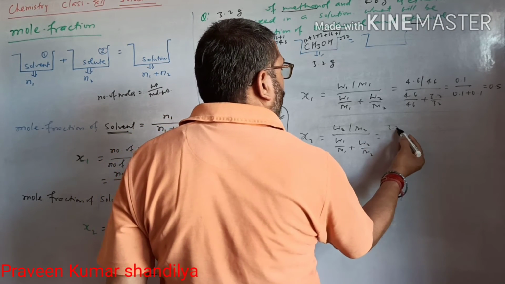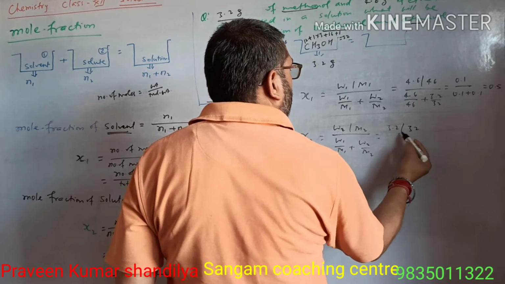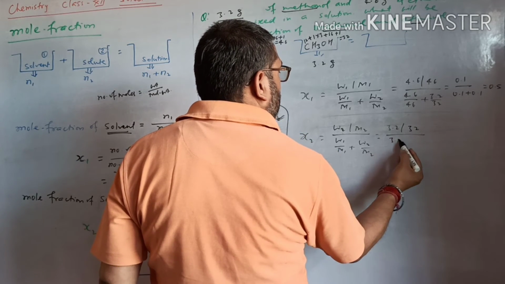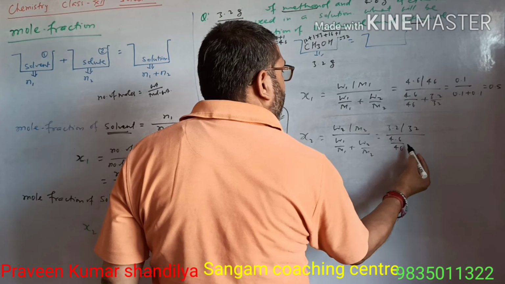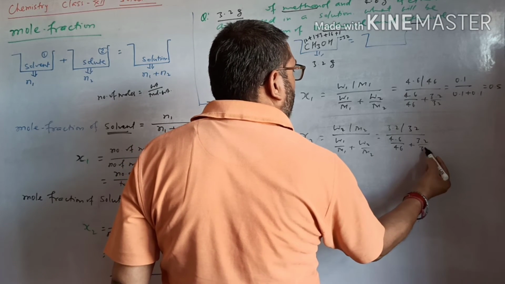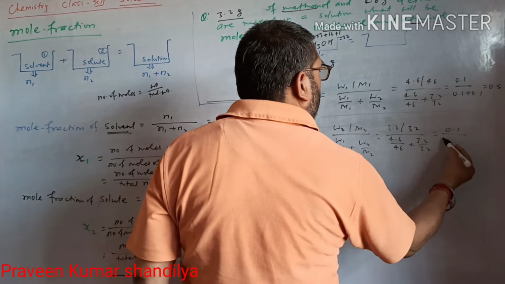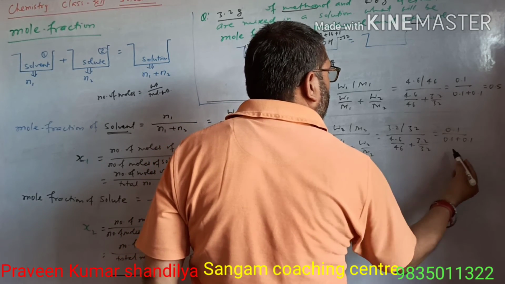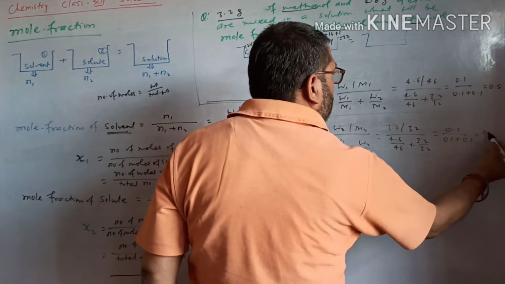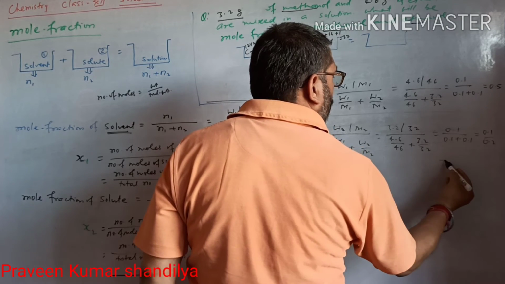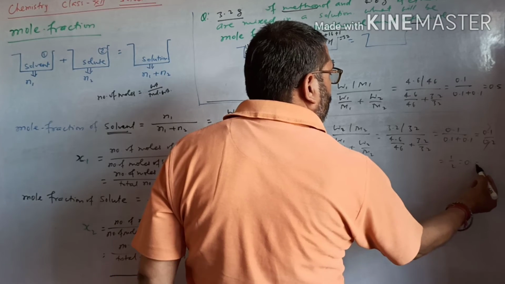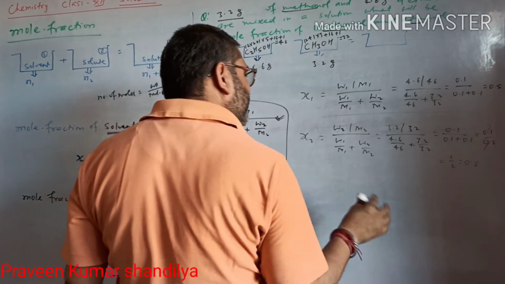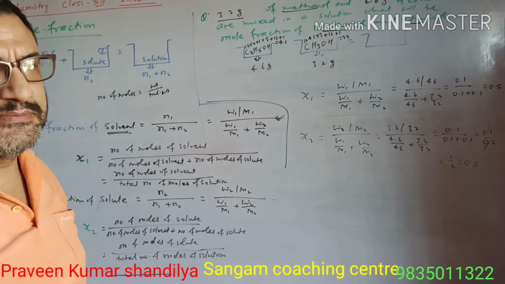W2 means 3.2 by 32, W1 means 4.6 by 46 plus 3.2 by 32. That is 0.1 by 0.1 plus 0.1, that means 0.1 by 0.2, which is 1 by 2. It is also 0.5.